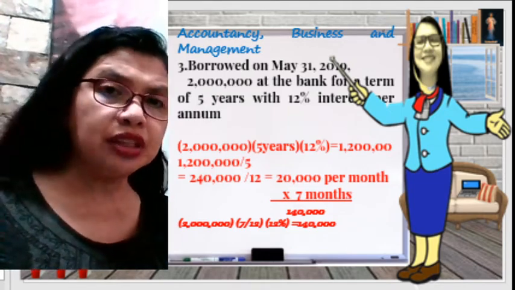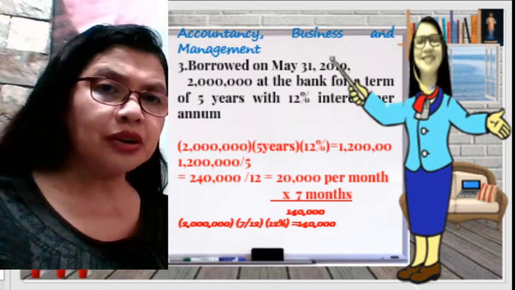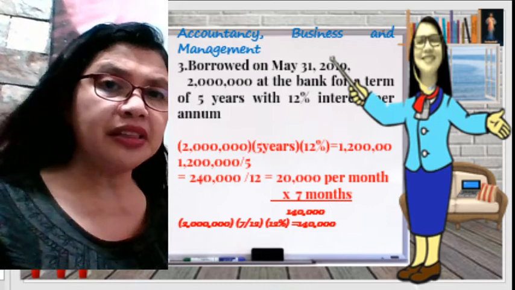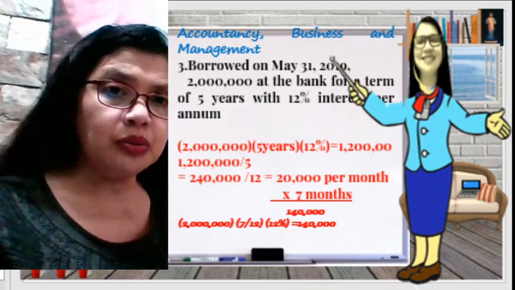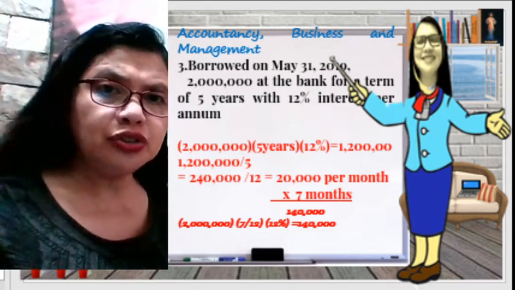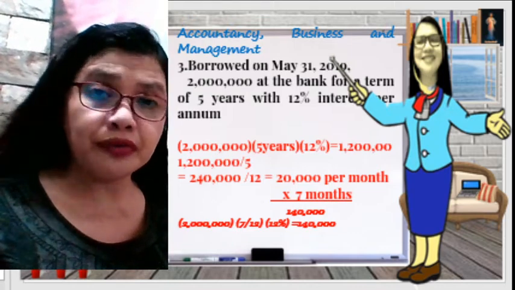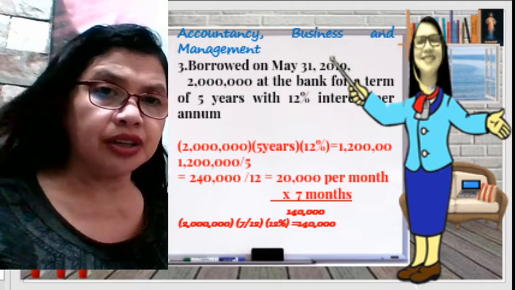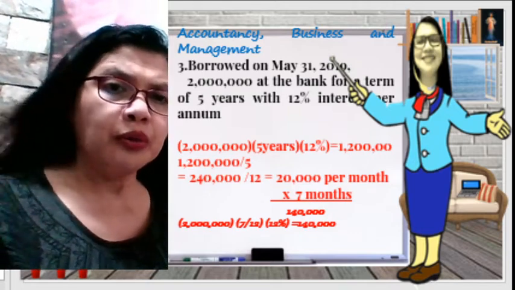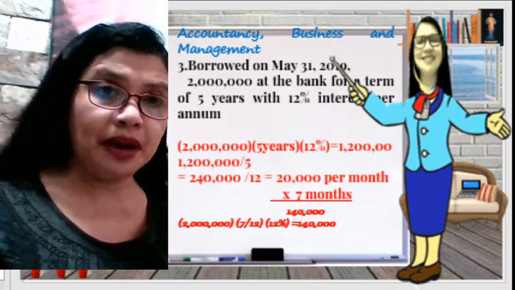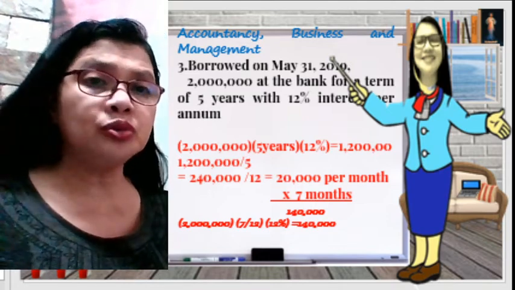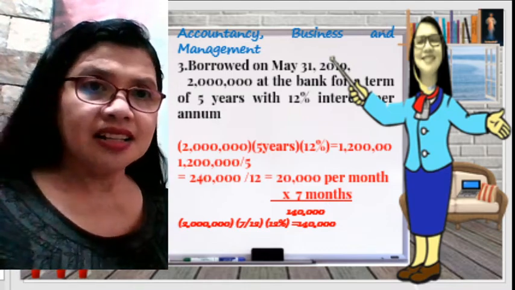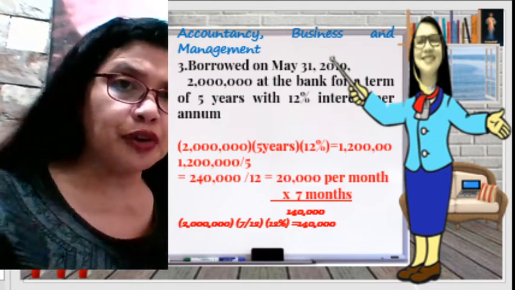But we are not computing for 5 years yet. We are just computing the interest from May 31 to December 31. Since 1,200,000 is for 5 years, we have to divide it by 5 to get the yearly interest. So 1,200,000 divided by 5 years will give us 240,000 per year.